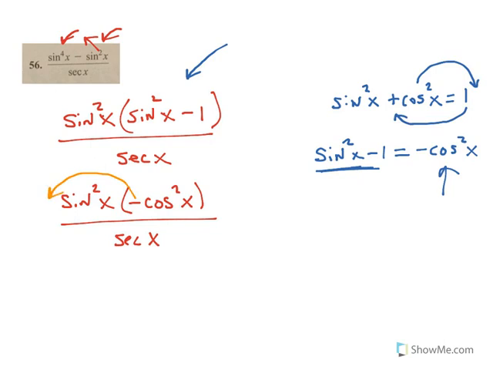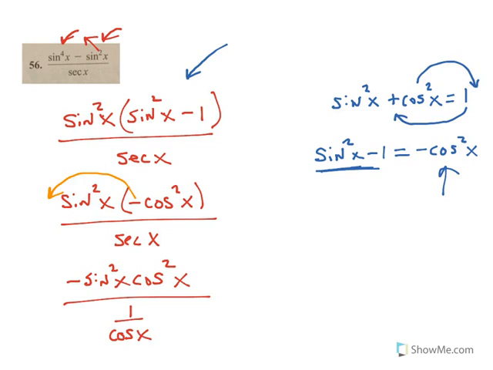So we could move that to the front of the expression. So that's going to get us a negative sine squared, cosine squared. And the secant down bottom, we know secant's a reciprocal with cosine, so that's going to be 1 over cosine.